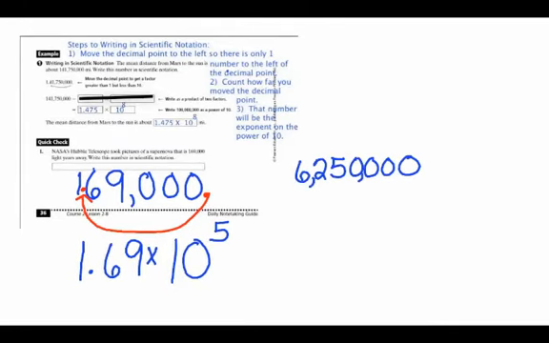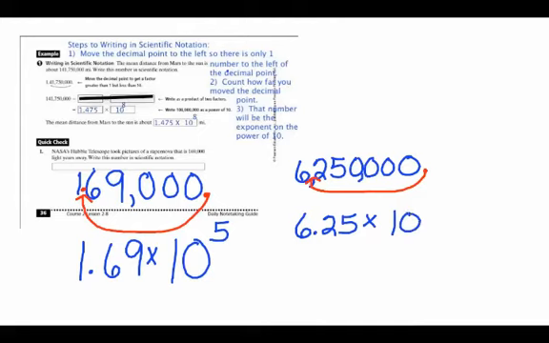Let's try another example. In this one, we have 6,250,000. Again, we're going to move that decimal point from where it begins, which is all the way to the right. We're going to move it so that there's one digit in front of the decimal point. So we have 6.25 times 10.